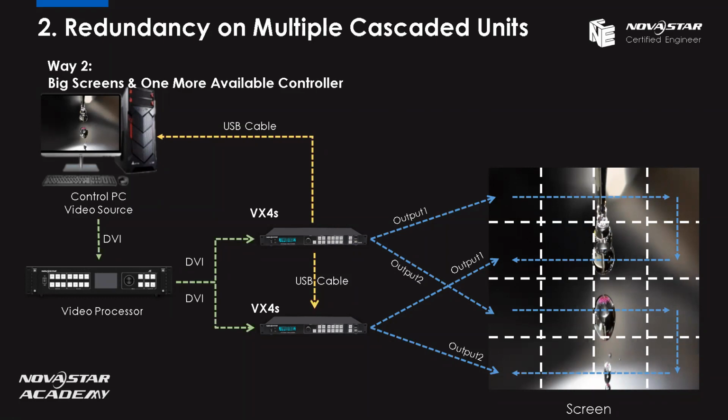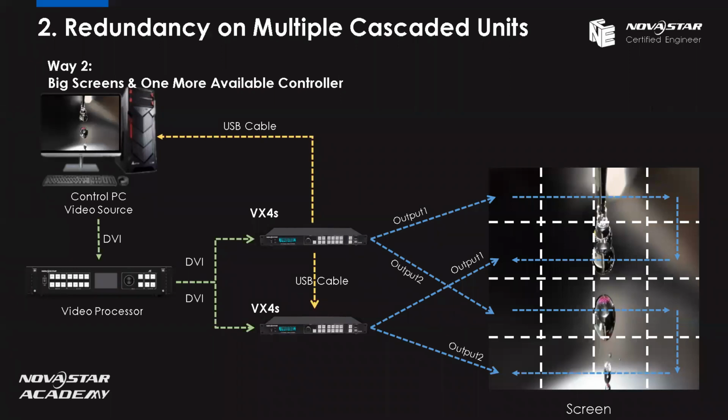So we have two from one DVI, and then we have two same DVIs going to our VX4S. And also, on the VX4S, we have the DVI loop design. So the loop can also help you to keep these two controllers to have the same video source. Okay, so that's the basic physical structure.